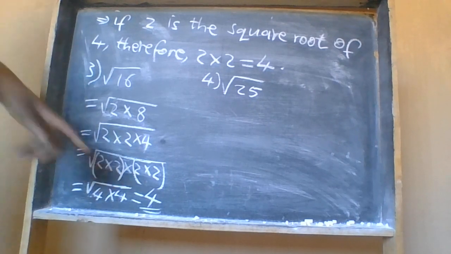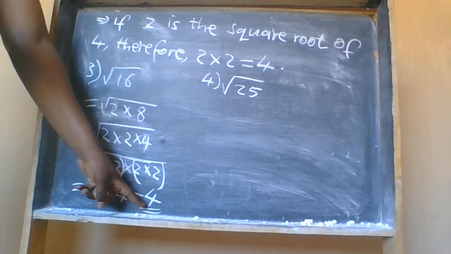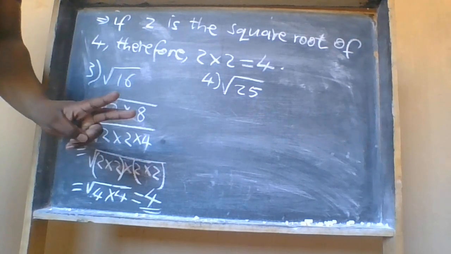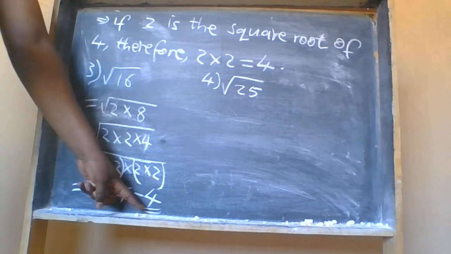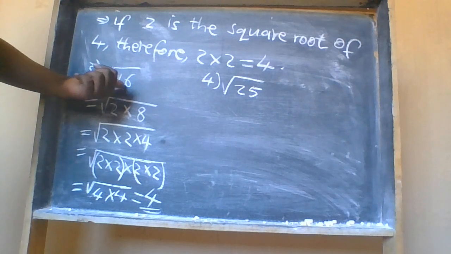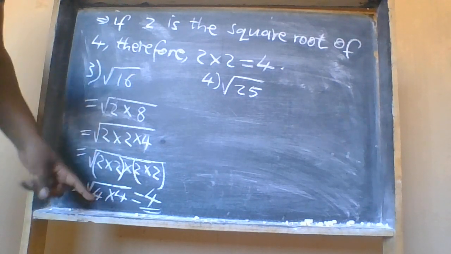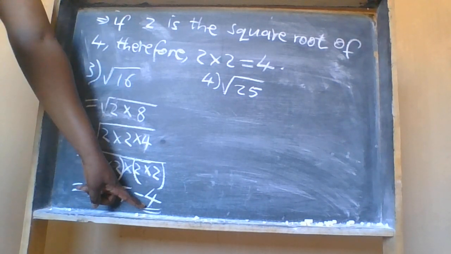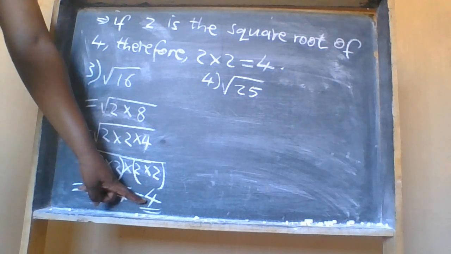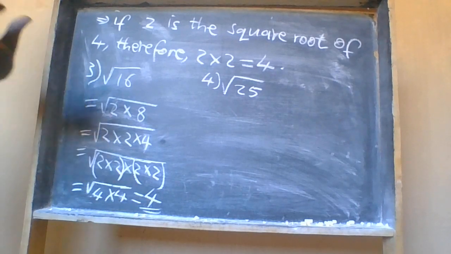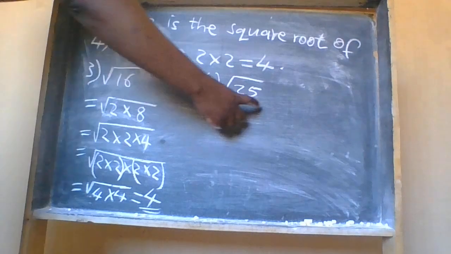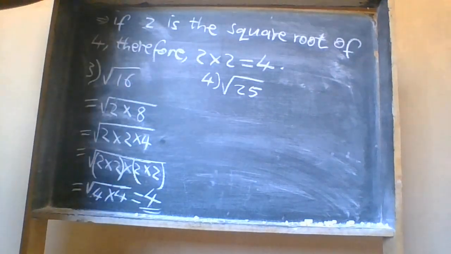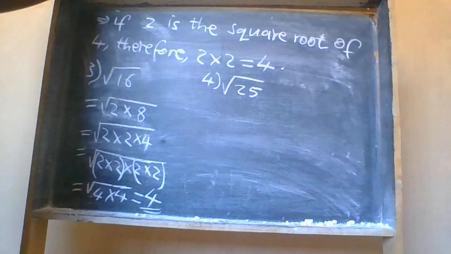Therefore, the original number which was multiplied by itself, the square meaning 2 to the power 2, was 4 to give us 16. So before this 16 existed, there was the multiplication of two numbers. That is what we mean by the square root. Now you can try that out and see what answer you can get for number 4.